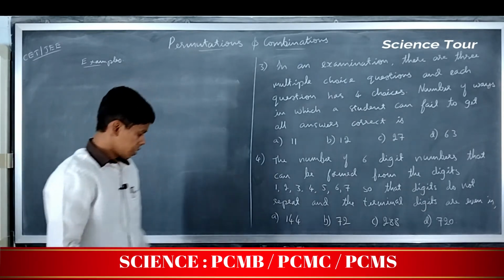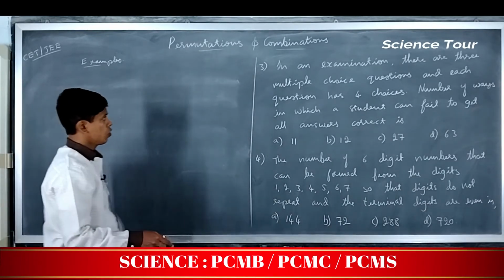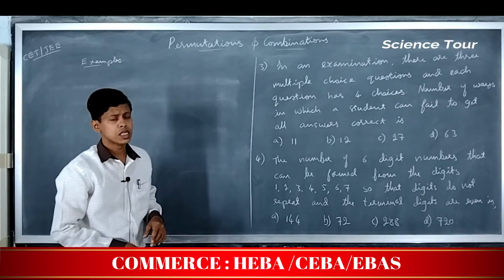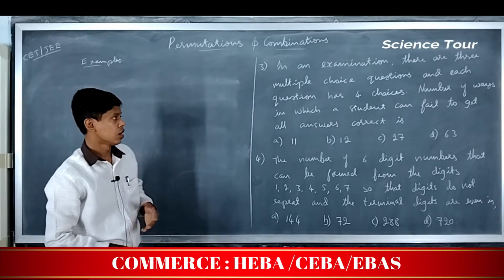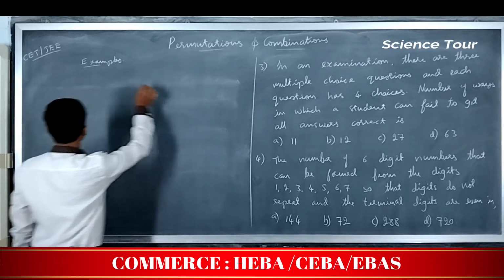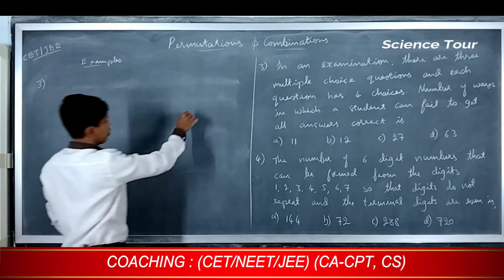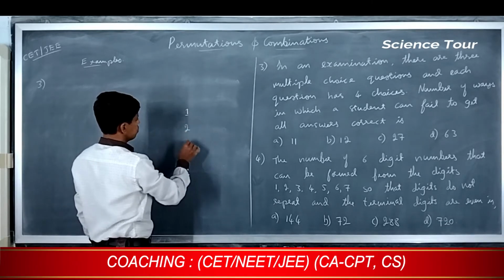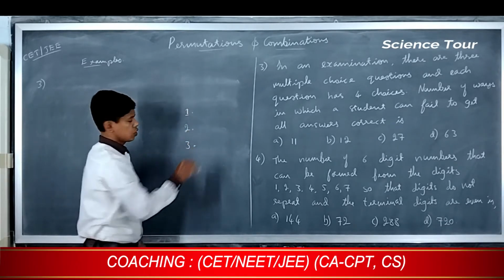Well, dear students, now let us move on with the third question. In an examination, there are three multiple choice questions. Assume that you have question number 1, question number 2, and question number 3.